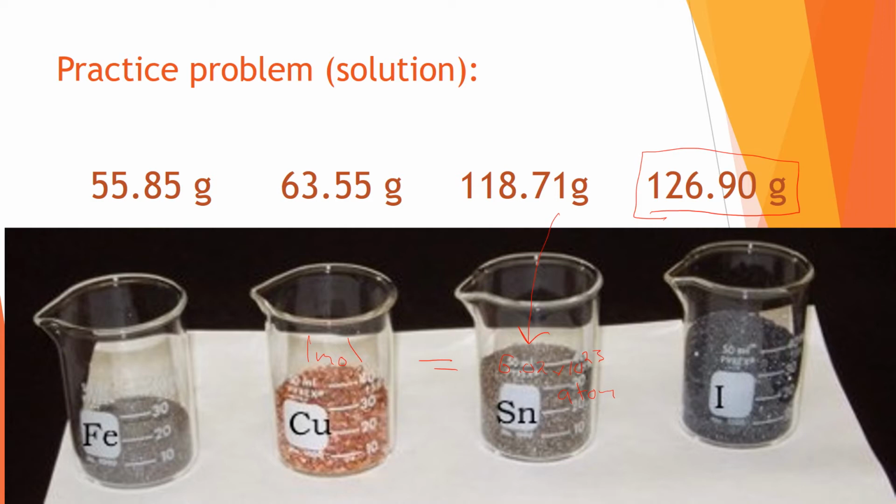So that means 1 mole of iodine would weigh 126.90 grams. So this is how many grams per mole of iodine. This is 55.85 grams per mole of iron, and I have 1 mole of iron in there. So that's the atomic molar mass of a substance.